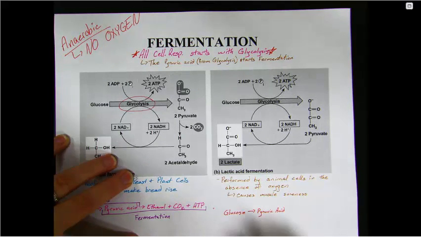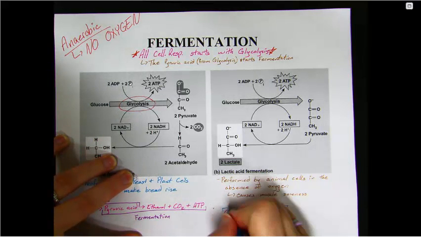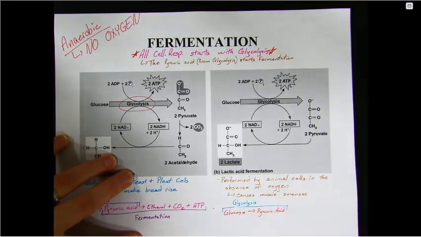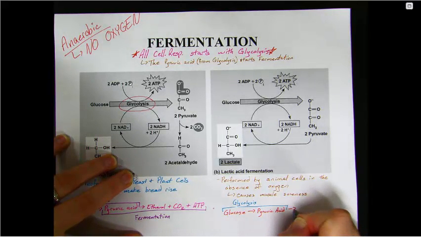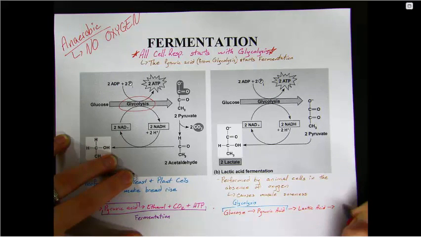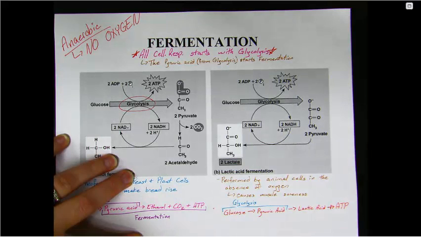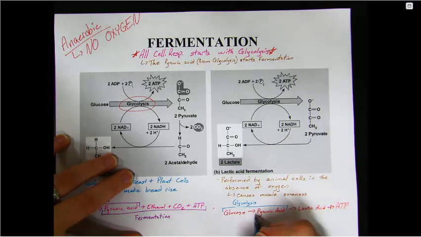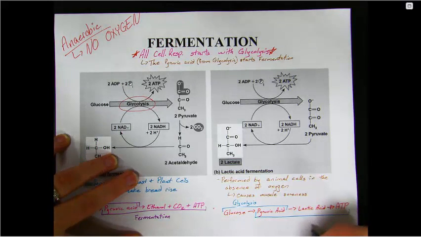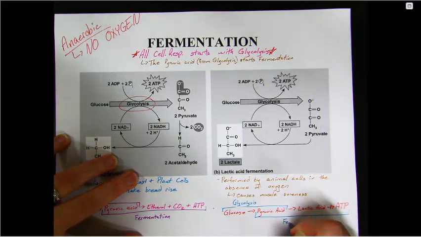Again, this process is glycolysis. Now that pyruvic acid is then converted into lactic acid, and ultimately into ATP. So the process of going from pyruvic acid to lactic acid and ATP would be fermentation.